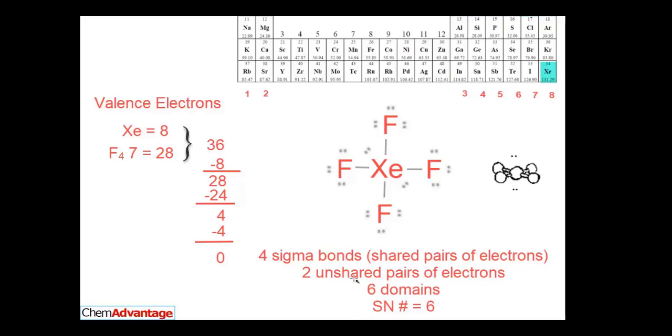These are 2 unshared pairs of electrons. So this central atom has, in effect, 6 domains, 6 sets of spaces that are going to determine the geometry. So the steric number for this is 6, and that steric number is going to come in handy. Well, there we go. We've described this really exotic xenon tetrafluoride.